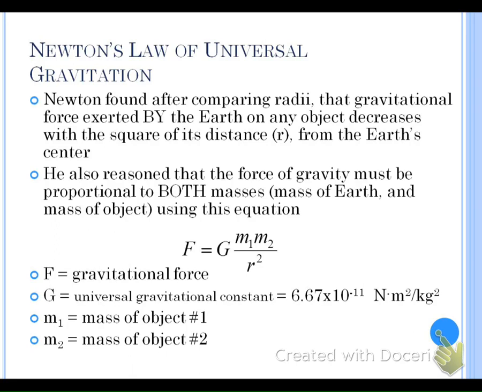And what units does a radius need to be in? Meters. In order for G to work, our units have to be correct and they have to match. So we need our distances, or our radius, in meters, and our masses must be in kilograms. Does that make sense? All right, great.